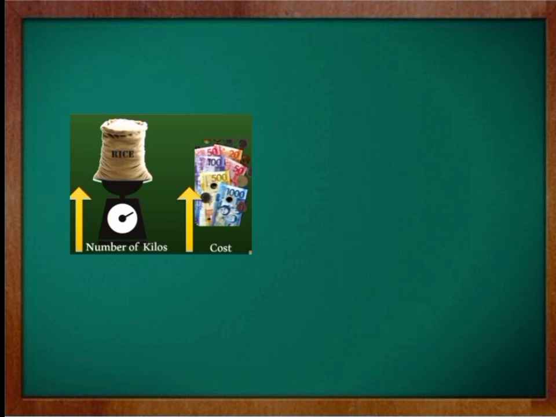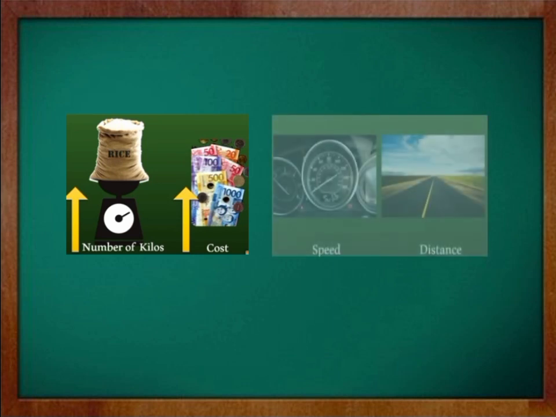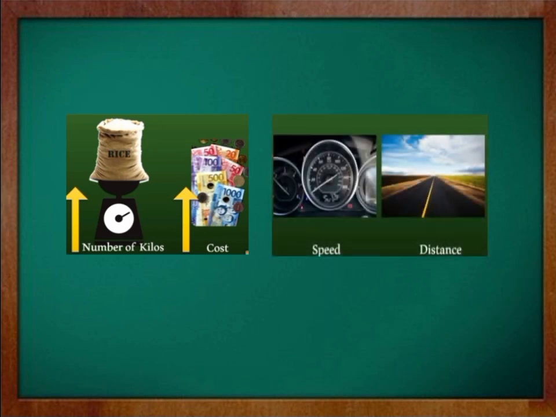Let's have another example. The speed and the distance. Kapag ikaw halimbawa ay nag-travel ka gamit ang speed na 6.5 kilometers per hour, or this is just an example, sa loob ng 3 oras, magta-travel mong distance halimbawa ay 19.5 kilometers.